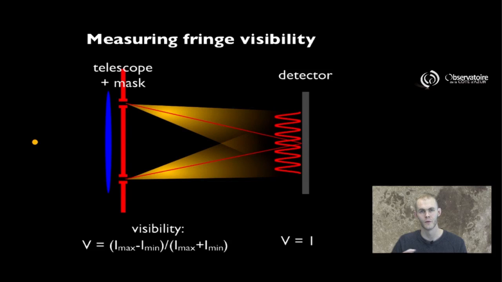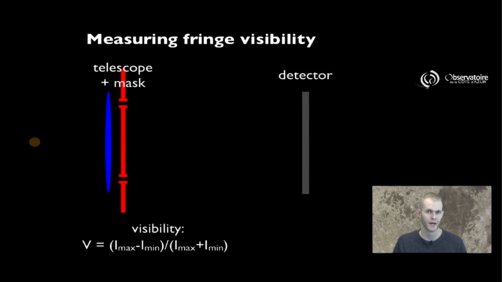And if we qualitatively look at the fringes, we see that in the dark region of the fringes, the flux count reaches exactly 0, to within the readout noise of your detector, whereas the maximum of the brightest fringes reaches 100% of what you're supposed to get. In this case, we say that the visibility you get on a point source is 100%, or 1.